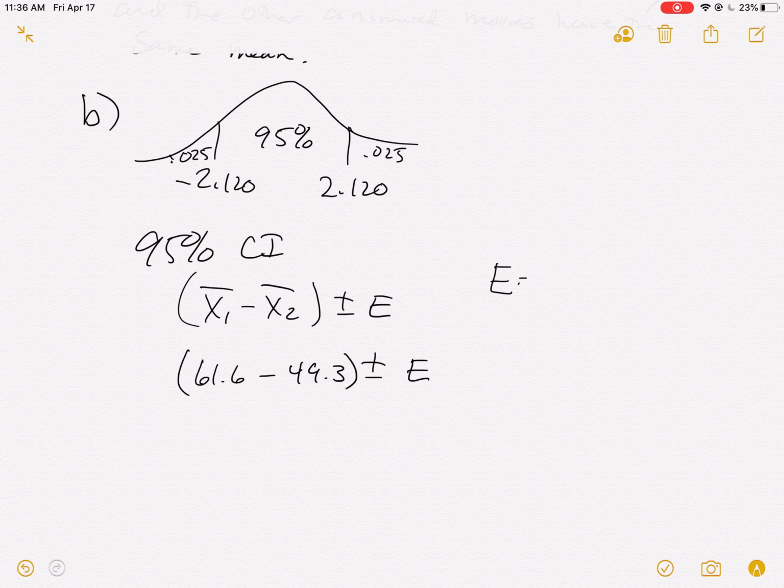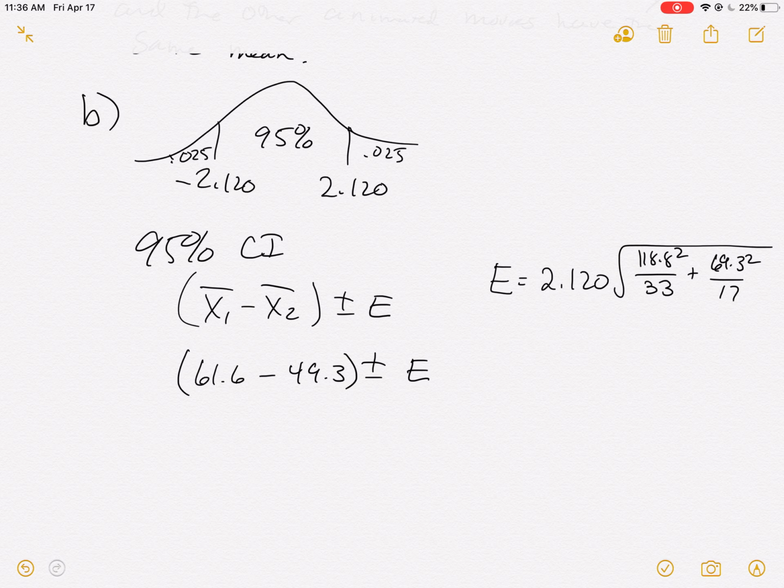What's that error? Well, it's 2.120 times the square root. And then we've got to look at the standard deviations: 118.8 squared over 33 plus 69.3 squared all over 17. And let's go run that.